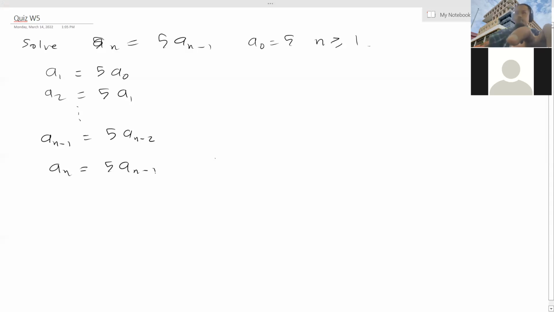Now this one is rather straightforward, not yet with the generating functions.